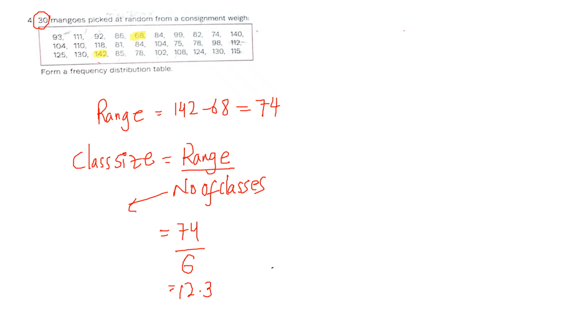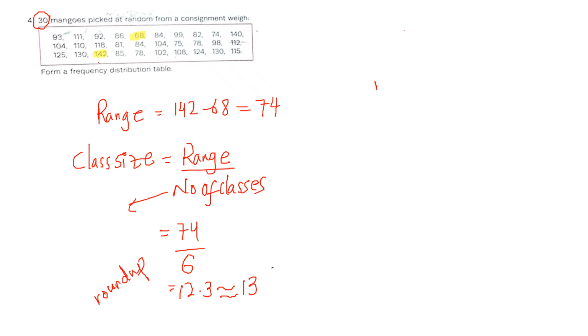Now you always have to round up the number. In the case of a frequency distribution table, always round up. So you move it to the next whole number after 12.3, which is 13. So 13 is the rounded up number, and the class size is 13.